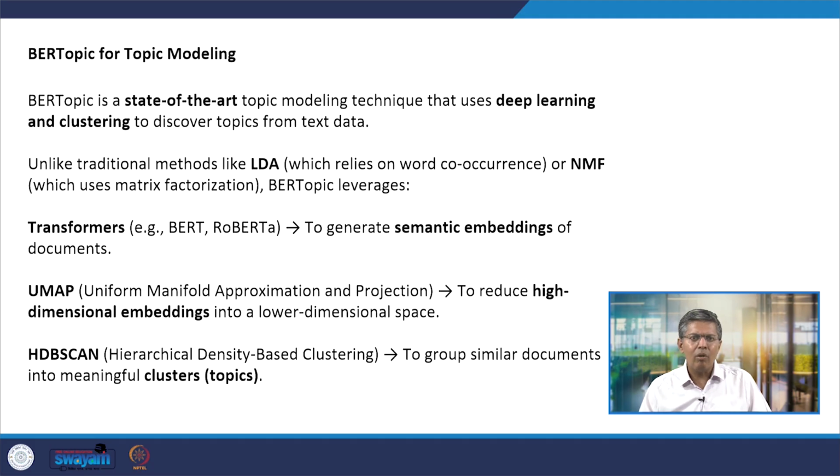Second, it also uses uniform manifold approximation and projection. To reduce those high dimensional embeddings into a lower dimensional space, it uses UMAP. And to group similar documents into meaningful clusters or topics, it uses HDBSCAN, or hierarchical density based clustering.